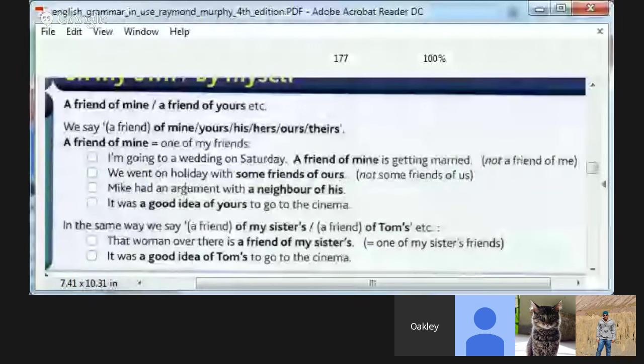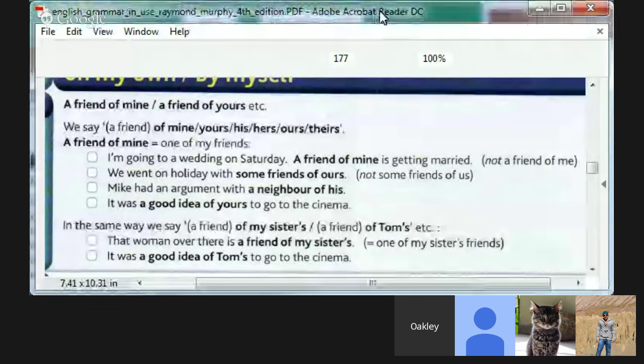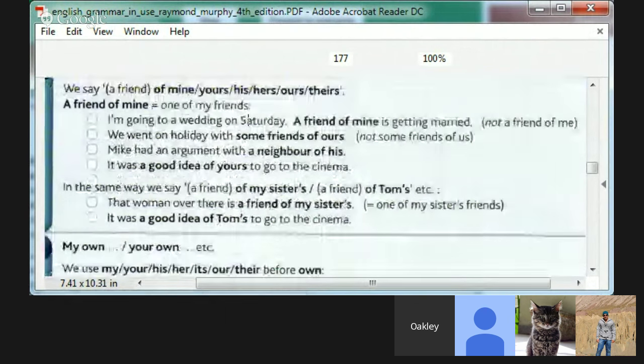I'm going to do a screen share here and talk a little bit about using mine, a friend of mine. We can express a normal phrase in English: a friend of mine, a friend of yours, a friend of his, a friend of hers, a friend of theirs.